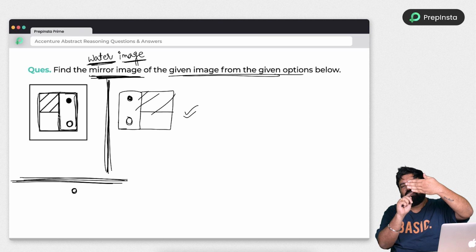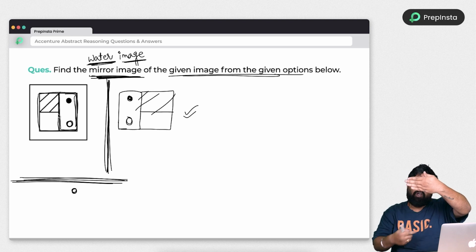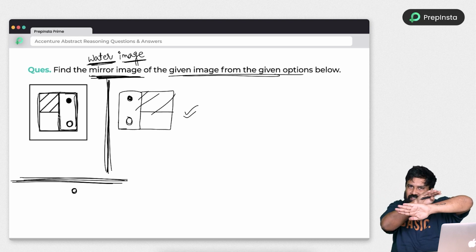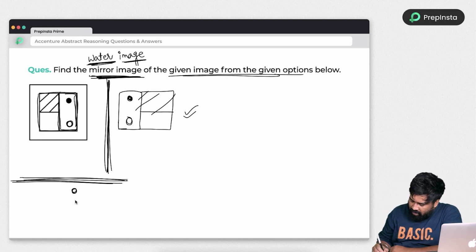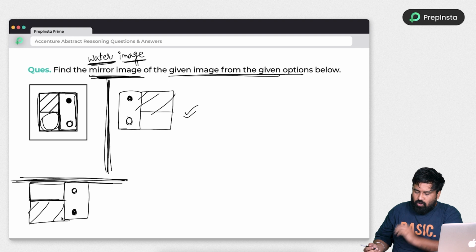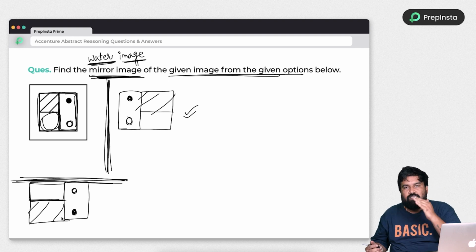Imagine the empty circle is like the little finger and the shaded circle is like the thumb. So if I fold like this, see, the nearest comes nearest to the line and the farthest goes away from the line. So imagine an imaginary horizontal line. So simply here it will be shaded. So again rectangle, and if you observe, the empty square will come here, and the shaded one will come. So it's all about your imaginary skills that matter.